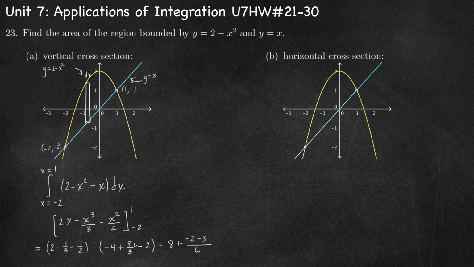Then -8/3 is -16 over 6. So that's -21 over 6, and then 8 would be 48 out of 6. That gives us 27 over 6. And 27 over 6, if we divide top and bottom by 3, is 9 over 2.